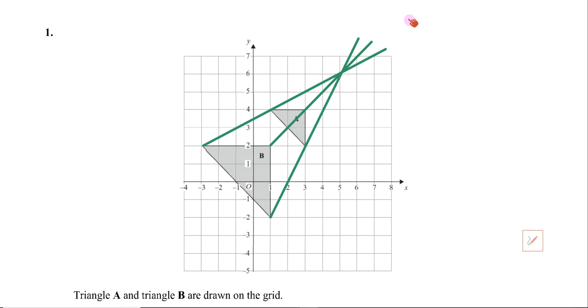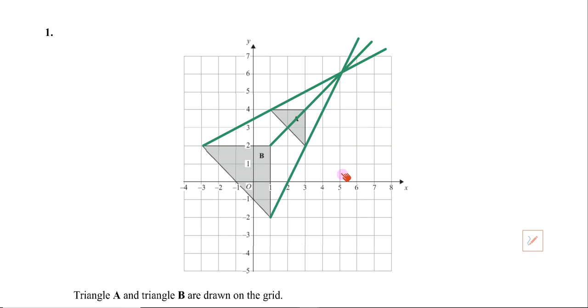Yeah. If it was a negative scale factor, and A was the object, B would actually end up here, the other side of the centre of enlargement. So you count back, you get 2 to that point. Instead of going 4 in the same direction for times 2, if it was times negative 2 you'd go 4 the other direction. So this triangle would actually be up here somewhere if it's a negative. Do you remember seeing that before?